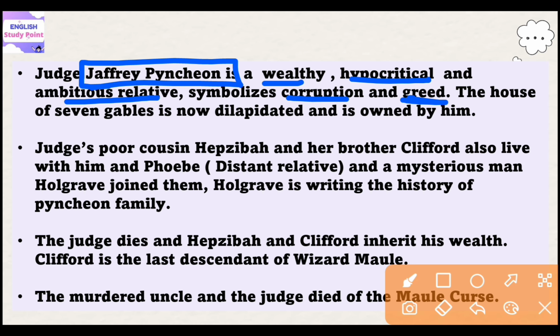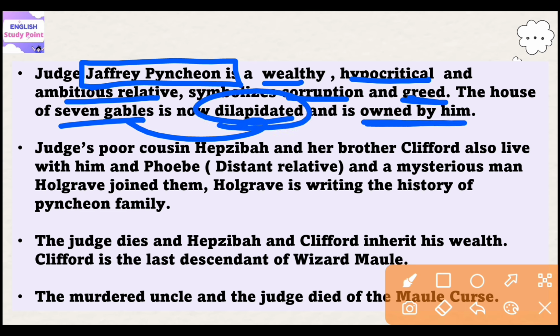Now this House of the Seven Gables, which is a mansion, is in a dilapidated state and is owned by this judge whose name is Jaffrey Pynchon. He took ownership of this mansion.